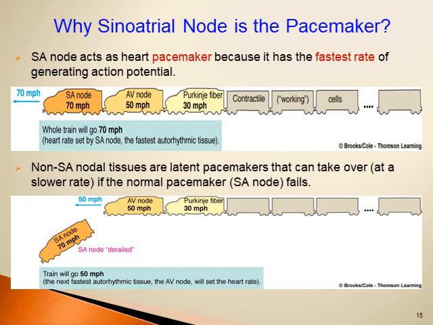As I said in the previous slide, SA node autorhythmic fibers can generate 100 action potentials per minute, which means we have a heart rate of 100 beats per minute. But why is the heart rate in a normal person 70, why is it not 100?